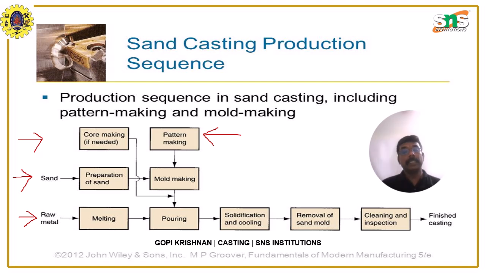And after giving a light amount of pressure, the pattern material can be taken out. After taking out the pattern material, the molding sand gets its impression, it gets the exact shape of the pattern. And through this mold cavity only, we are going to produce the final casting.